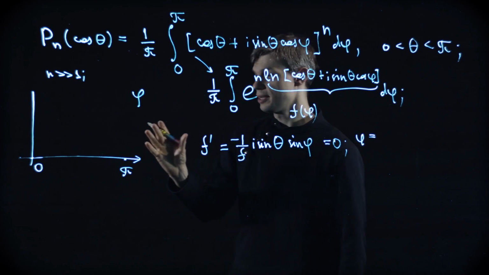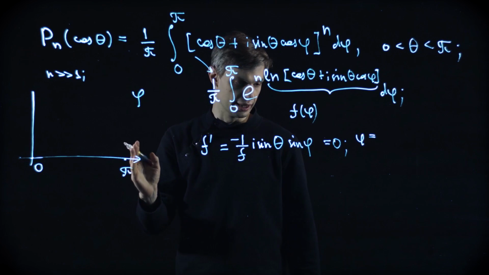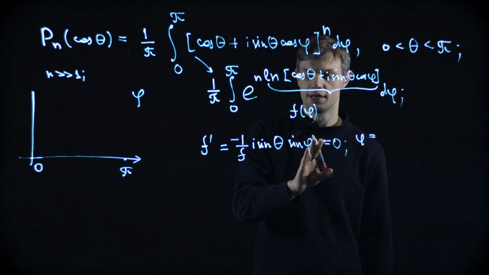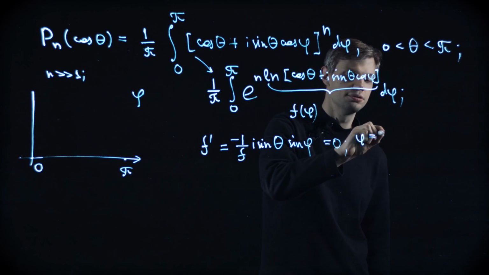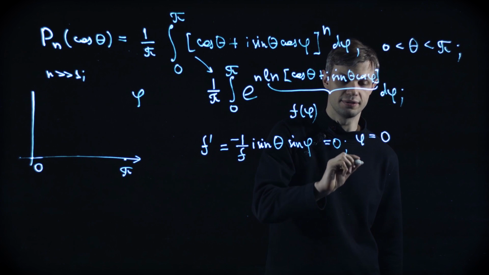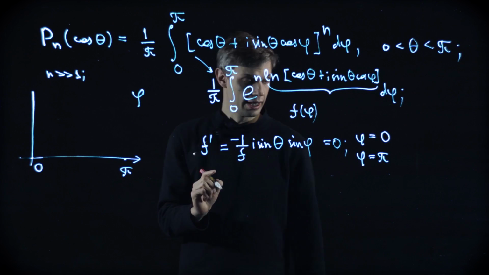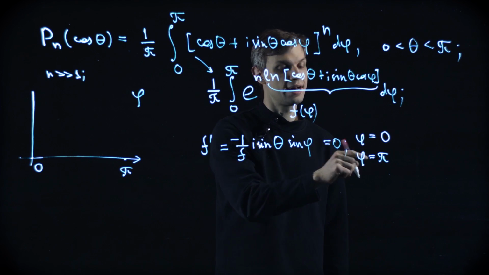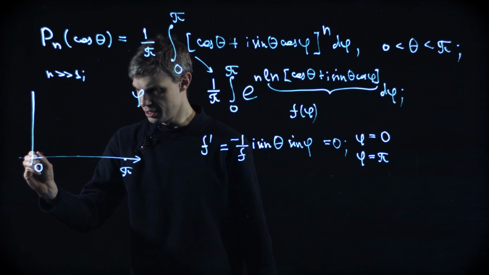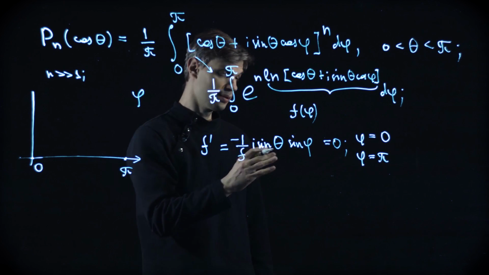But here our integration segment stretches just from 0 to pi. So from all these zeros, we need to choose only two important points: phi equal to 0 and phi equal to pi. By the way, you see these are the edges of our integration segment.